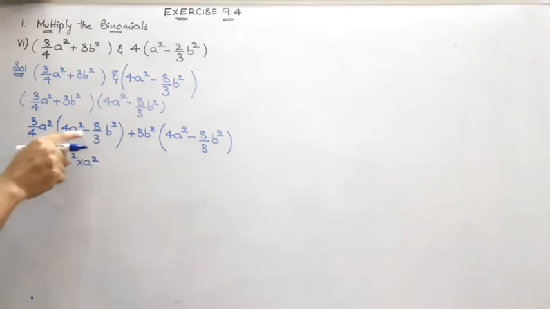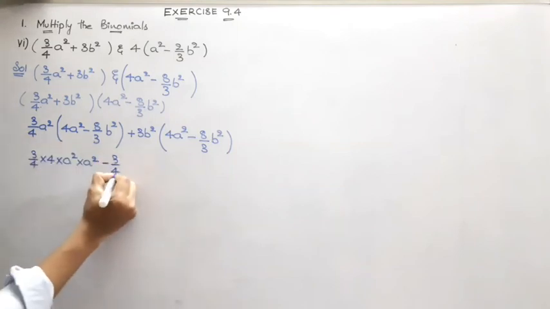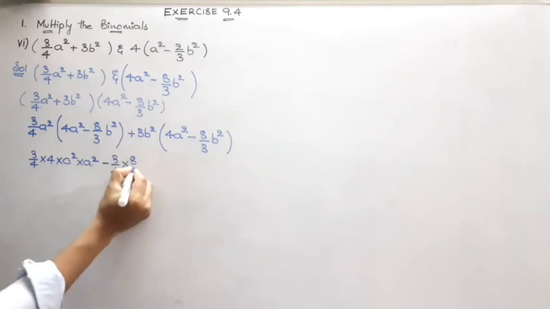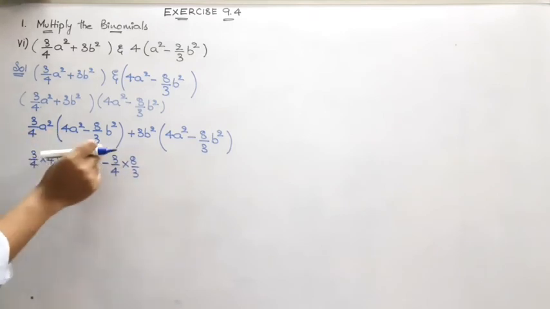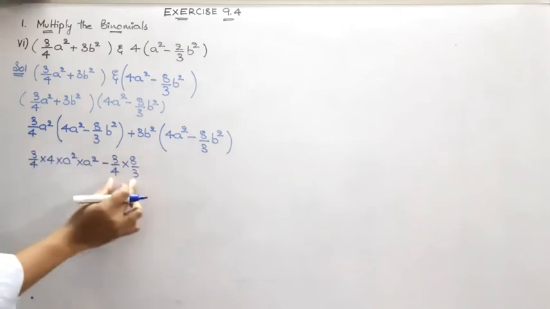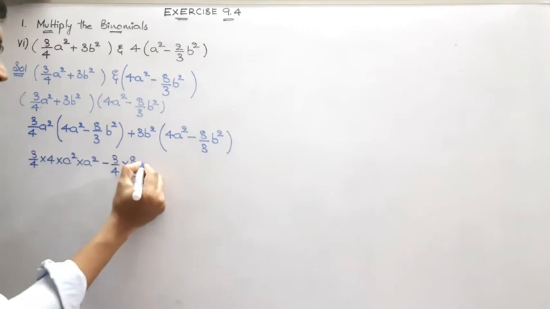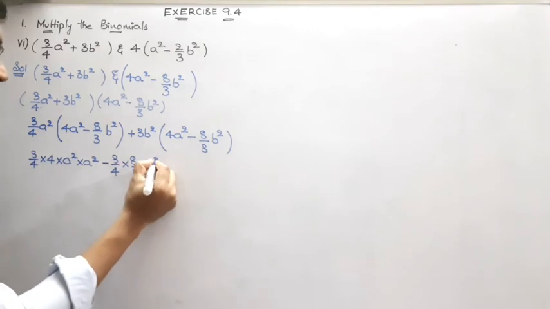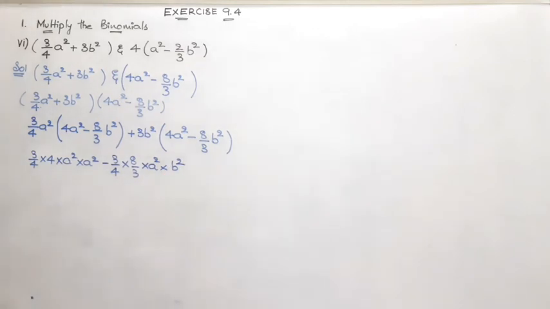Now, plus into minus is minus, 3 by 4 multiplied by 8 by 3. First I fixed the sign, then multiplying the numbers or the fractions. Then I am moving to the multiplication of algebraic values, a square multiplied by b square.